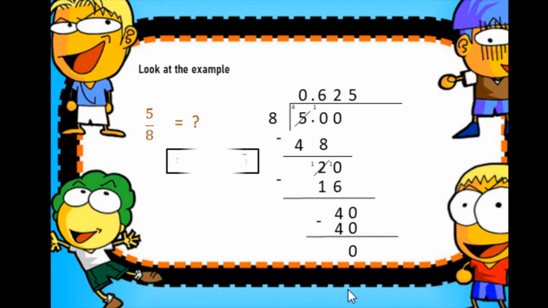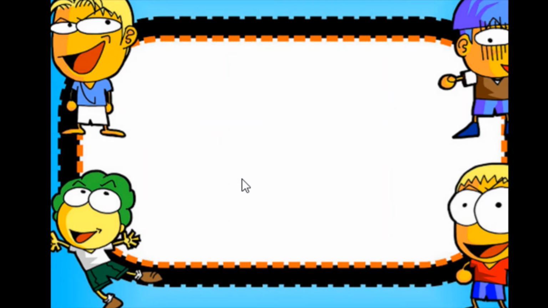First is to change it to a decimal number. So we have 5/8 is equal to 0.625. So let's proceed to step 2. Step 2 is we copy 0.625.